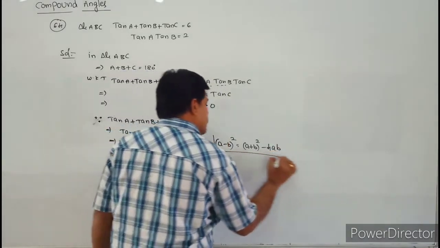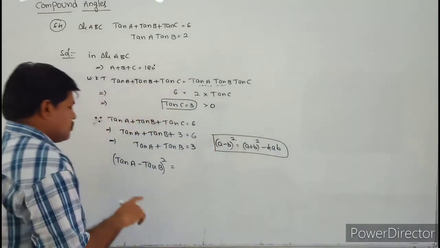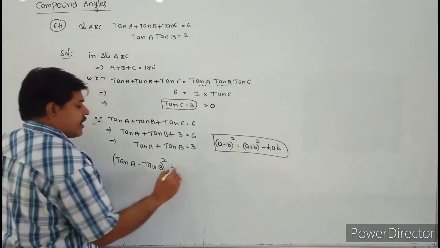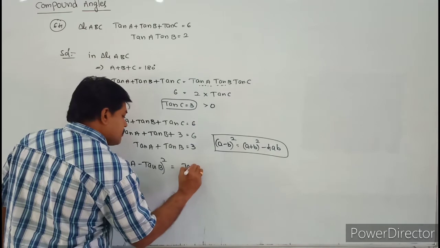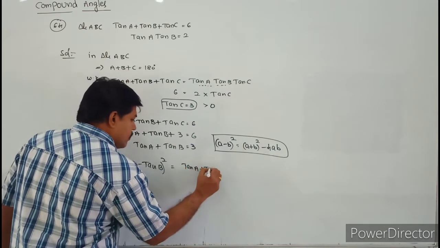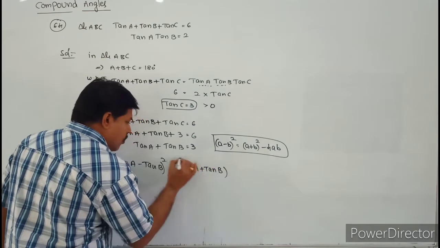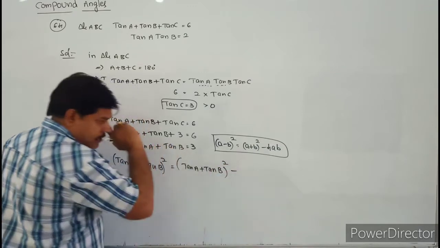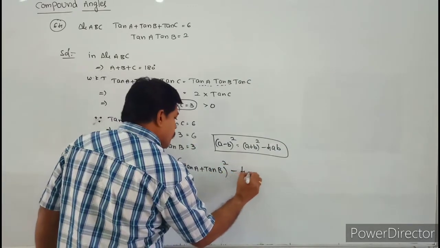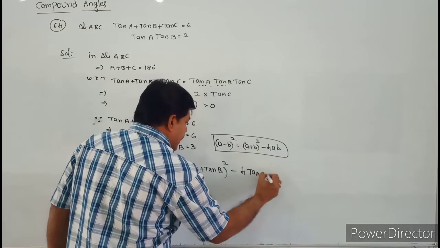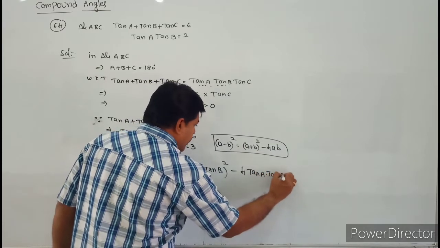So this formula here we are going to use. So A minus B whole square you can write as A plus B whole square minus 4AB, so 4 into tan A into tan B.